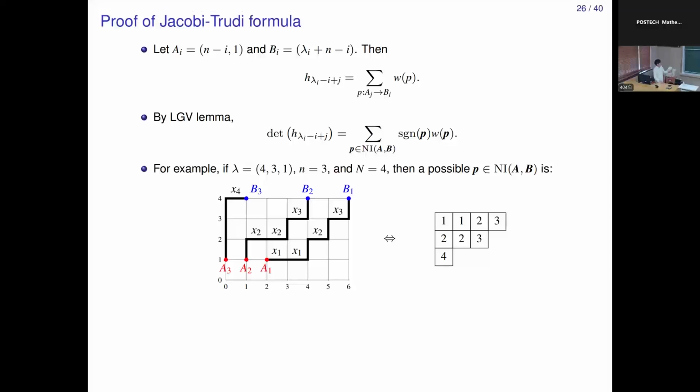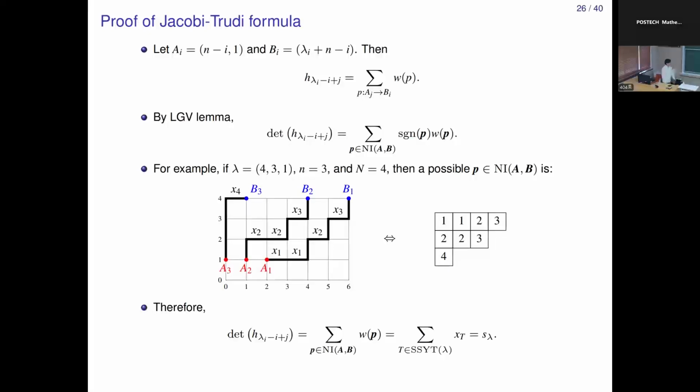And then I'm going to put the indices of the third path in the third row, 4. And by the way, because this is non-intersecting, the columns must be strictly increasing. And because this is a lattice path, each row must be weakly increasing. And this is indeed a bijection. And the weight here is exactly the weight over here for the semi-standard Young tableau.